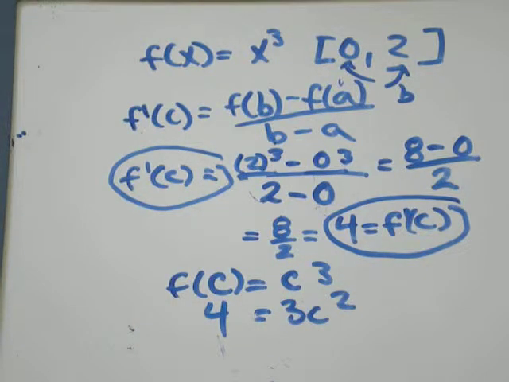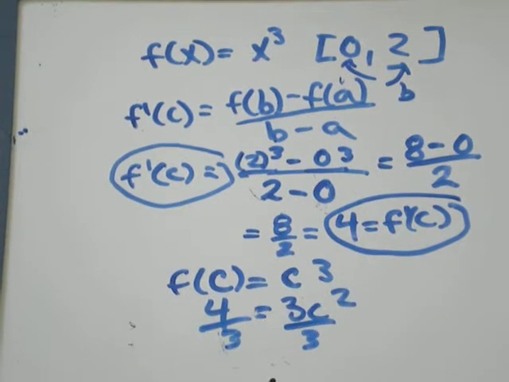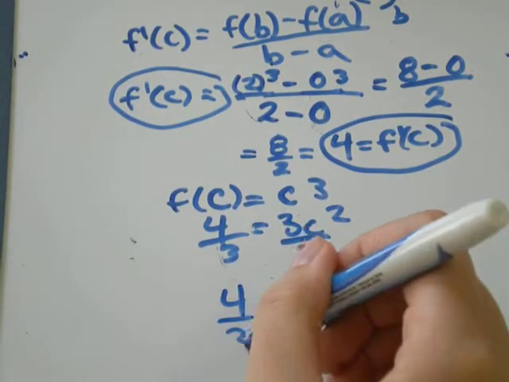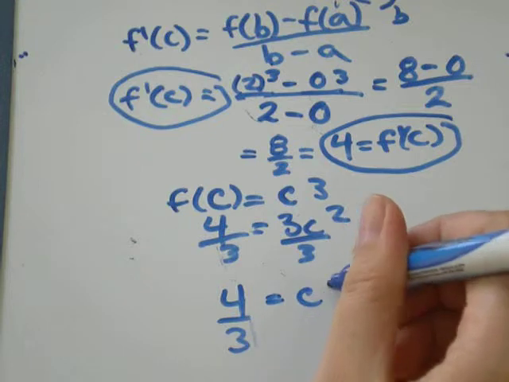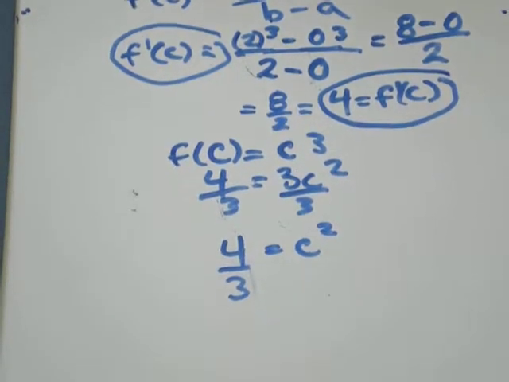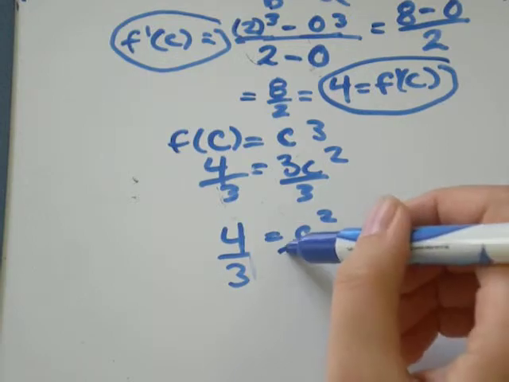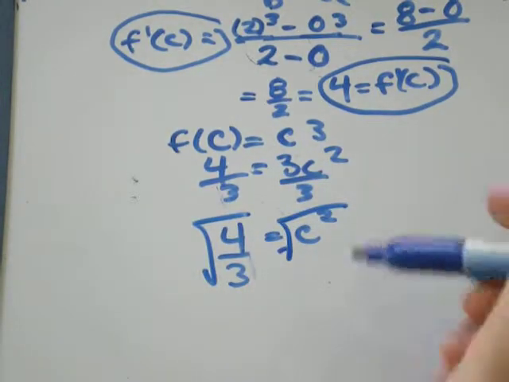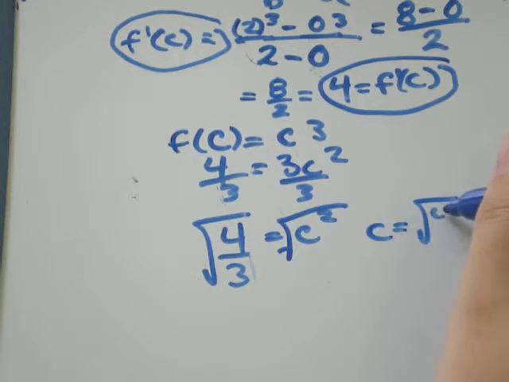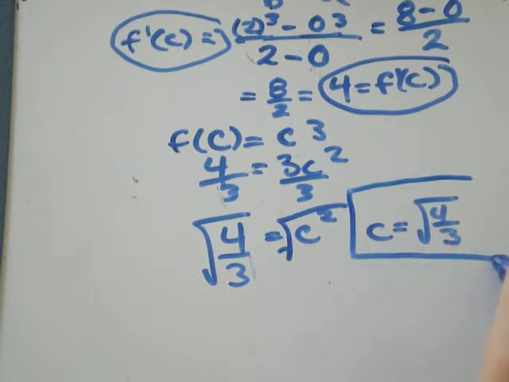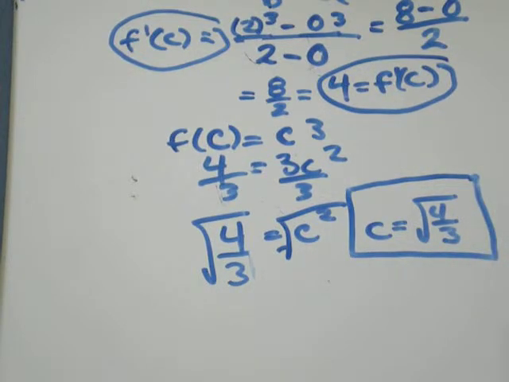So 4 equals 3c squared. If you divide both sides by 3, you will get 4 over 3 equals c squared. To find c all by itself, all you need to do is square root both sides. And you'll get c is equal to the square root of 4 over 3. So the x-coordinate of the point that has the same slope as the slope when the two endpoints are connected has an x value of square root 4 over 3.